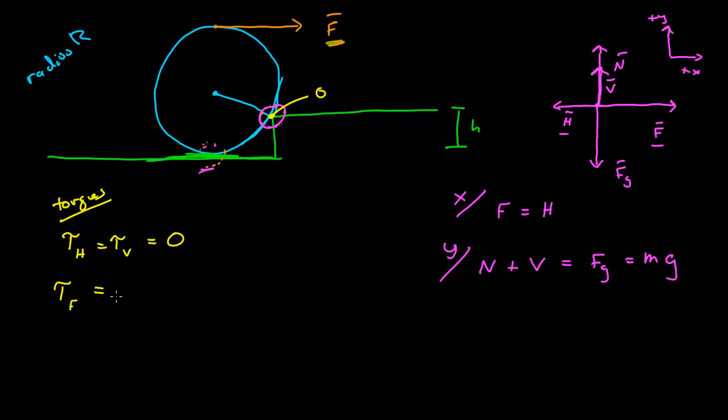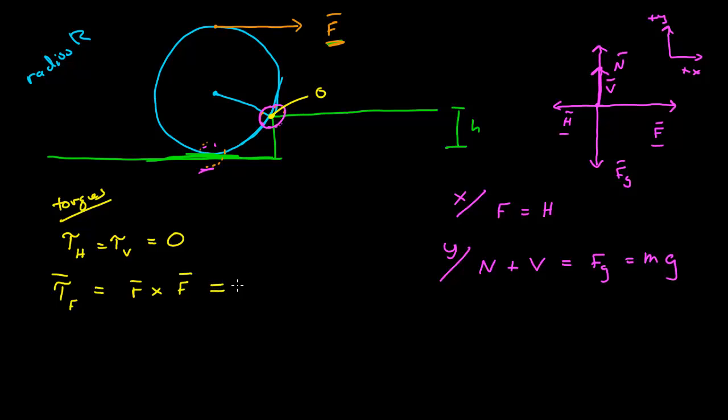And so, let's get a vector. That is equal to R cross F, where F is the force, and R is the vector that points from the axis of rotation to the place where the force acts.